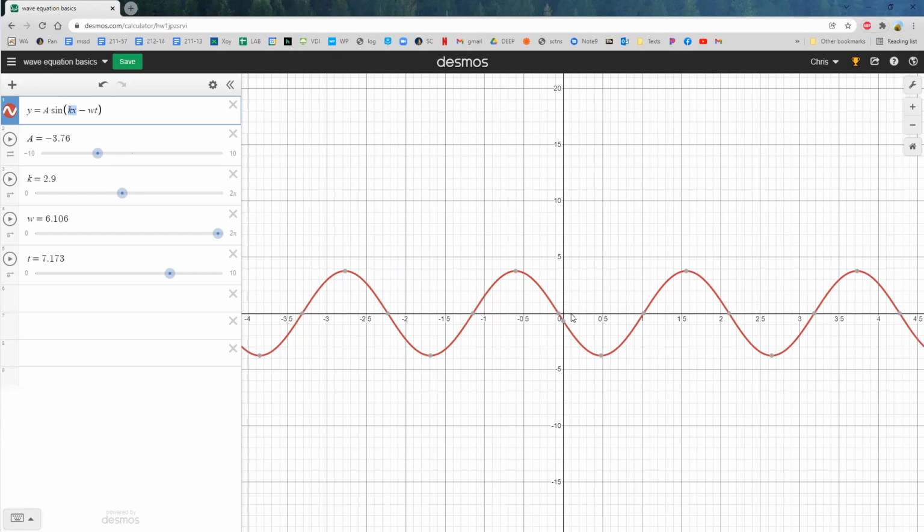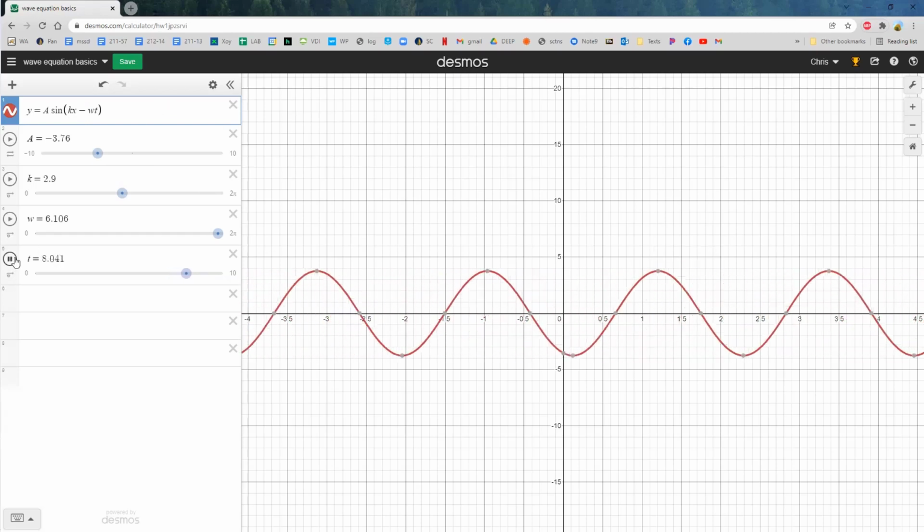As I go from left to right, the product of omega times t is also increasing because time is flowing by. So if I want to keep this black dot right where it is, I have to have that negative sign. That negative sign means this black dot amplitude is going to remain unchanged because Kx is getting bigger, but it's offset by omega t, which is also getting bigger, because x is getting bigger and t is getting bigger. So that's why you have that negative sign here.